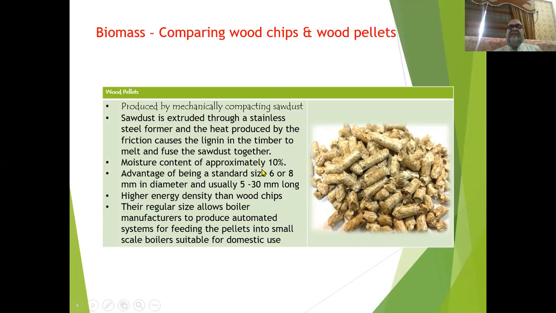Moisture content is approximately 10%. An advantage is being a standard size of 6 or 8 millimeter in diameter and 5 to 30 long, with higher energy density than wood chips. The regular size allows boiler manufacturers to produce automated systems for feeding the pellets into small scale boilers for domestic use.